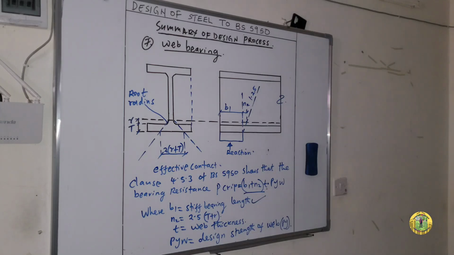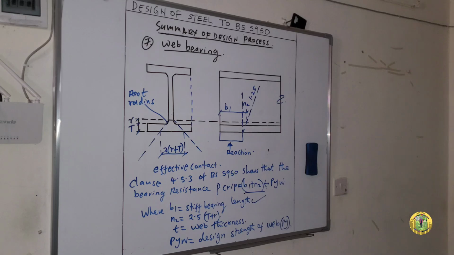We end there for today, and that marks the end of the introduction to design of steel to BS 5950. You will understand better when I tackle more examples concerning all we have covered.